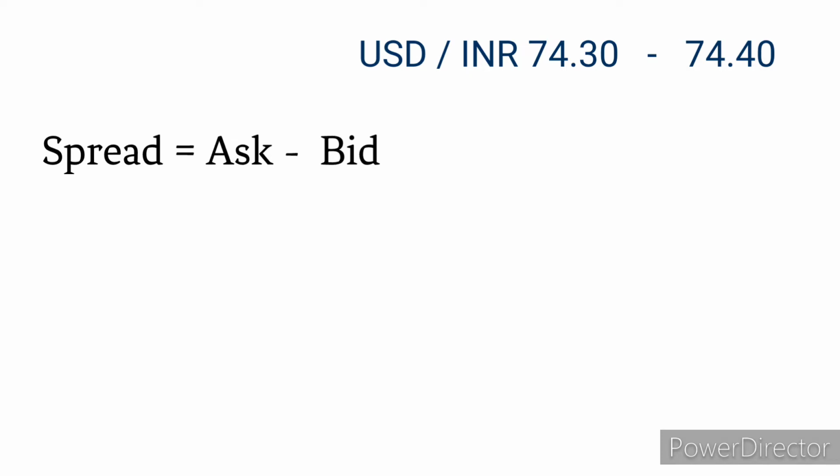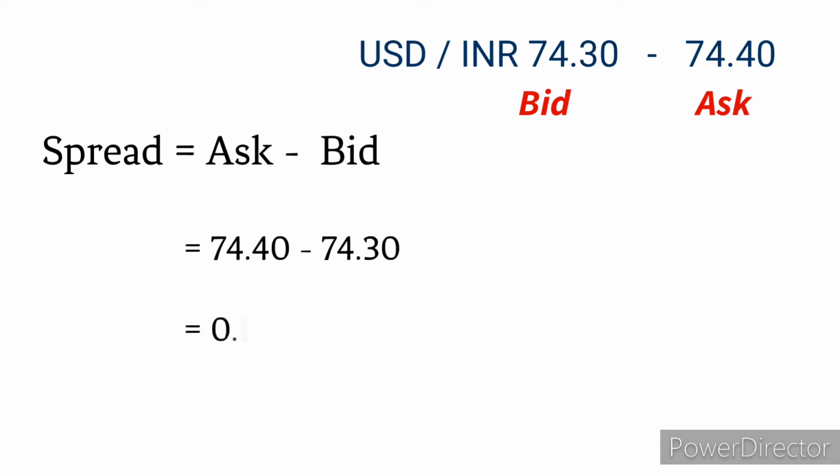Okay, so in this case, this is your bid and this is your ask. Now, if you put these values in the formula, that is 74.40 minus 74.30. So your answer will be 0.10. So your spread is 0.10.